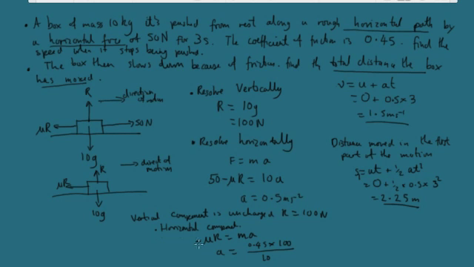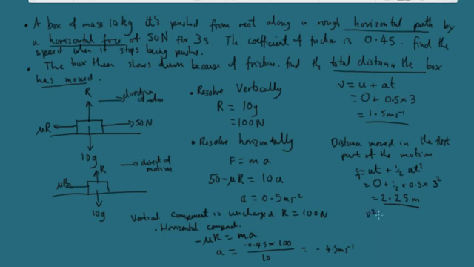Now remember, this is negative because the direction of motion is in this direction, friction's in that direction, so it's in an opposite direction, so it must be negative, and the acceleration will be negative because it's decelerating, so we have got minus 4.5 meters per second squared.